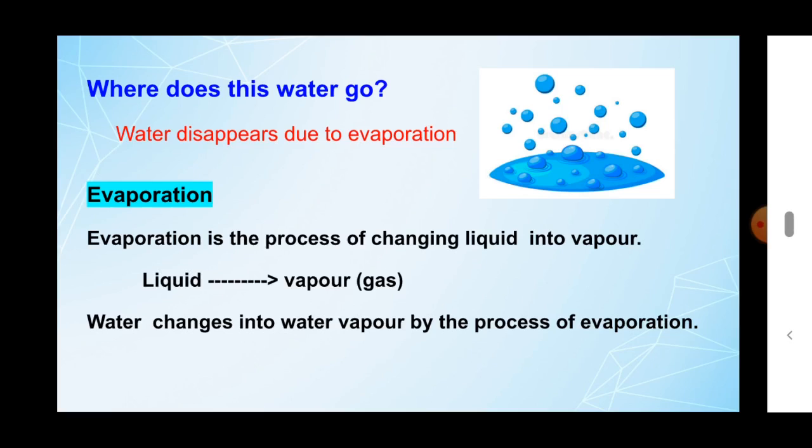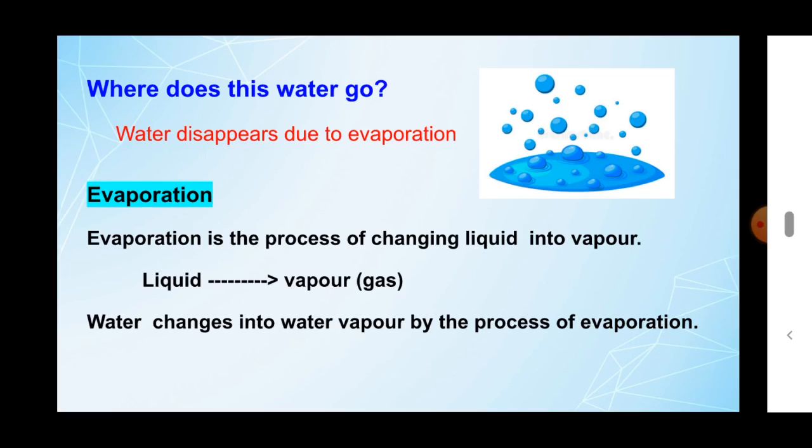This is known as evaporation. In water, the liquid form of water changes into water vapor, that means it changes into gaseous form. Liquid changing into gaseous form is known as evaporation.